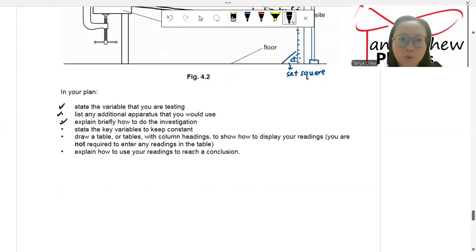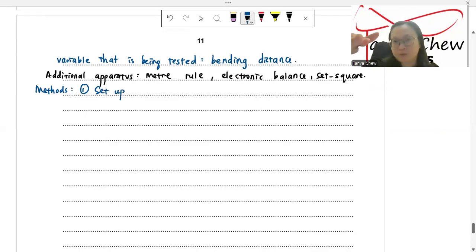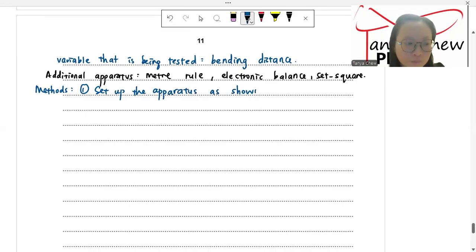Explain briefly how to do the investigation. That is the method. So I am going to write down the method, or procedure. So I would say set up, because I drew something on the diagram given. So set up the apparatus as shown.